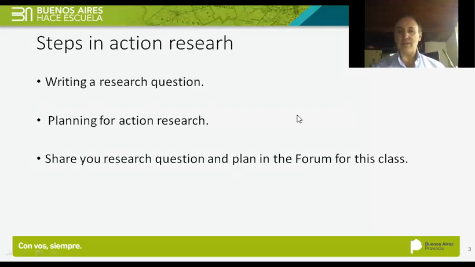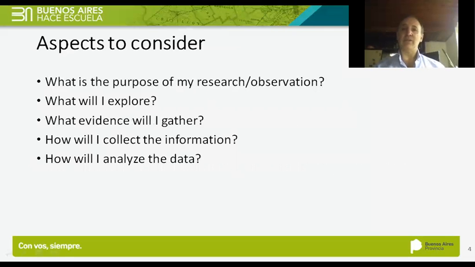Then there are some aspects to consider when implementing action research. Again, I repeat that this is not an ambitious thing to do, but is a small scale, so it should be something manageable, in the sense of time, and also in the number of students involved and in the number of tasks involved in your research. There are some questions we may consider, as you can see on the slide.